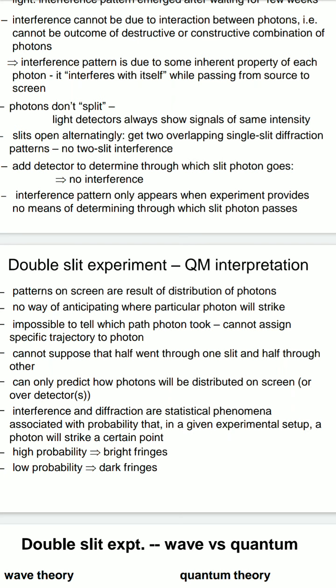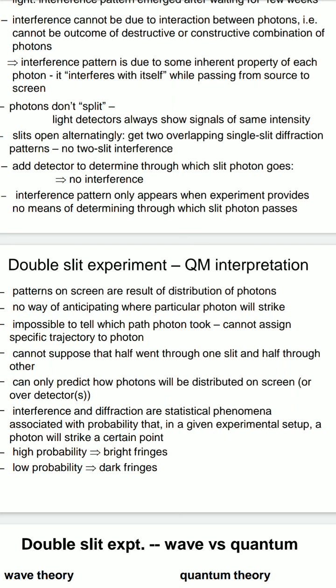Both together we can say: the trajectory of the photon is not predictable. And the third one is, we cannot suppose that half went through one slit and half through the other. So half of the light passed through the first slit and half through the second slit, we cannot say that. We cannot predict the path of the photon.